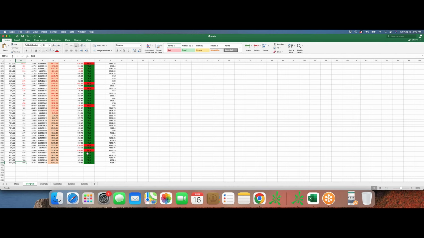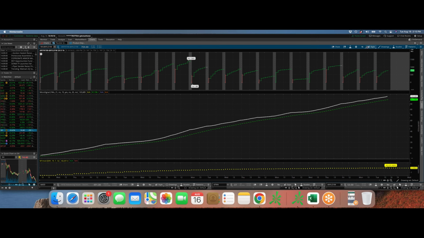As long as we're ticking higher, the micro one will stay on a buy. It is just the really lowest time frame of the Nile 1M indicator. It actually went to a buy on the 21st of June. Then we had a few whipsaws in between, but it's generally been on a buy since the lows. Okay, so that is micro one.